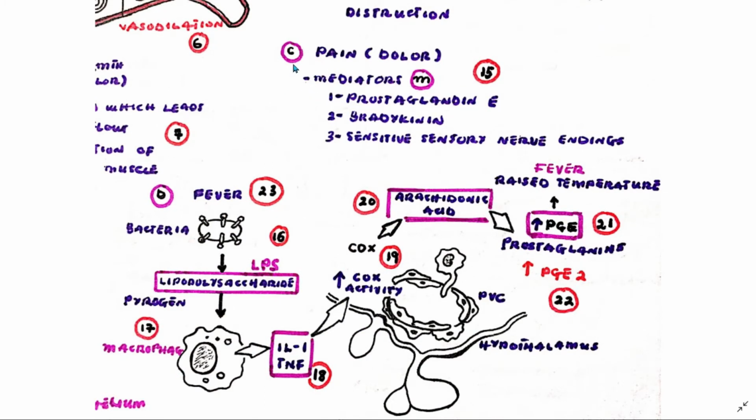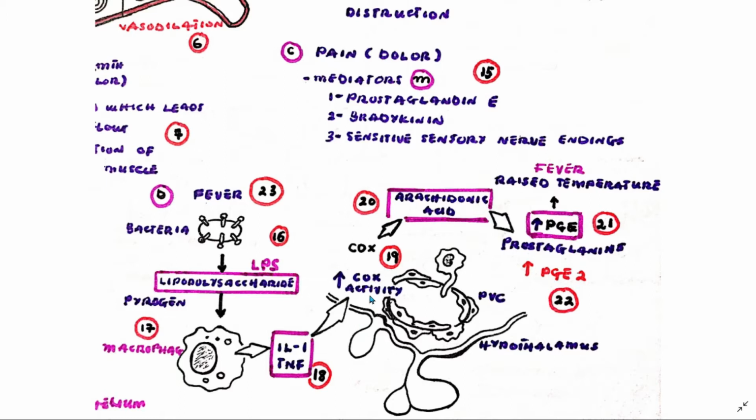Sensory nerve endings are sensitized by bradykinin and prostaglandin E, and this causes the pain that we feel during inflammation. Pyrogens, for example lipopolysaccharide, from bacteria cause macrophages to release interleukin-1 and tumor necrosis factor, or TNF.